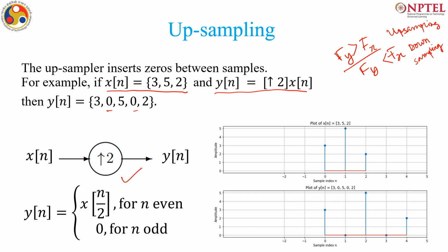This is how it is represented symbolically, and this is the equation where y of n is x of n by 2 for n even, because this is an integer index, and for n odd the signal values are 0. This is a graphical representation: I have this signal which has 3 samples, and in the upsampled case I insert 2 zeros here.